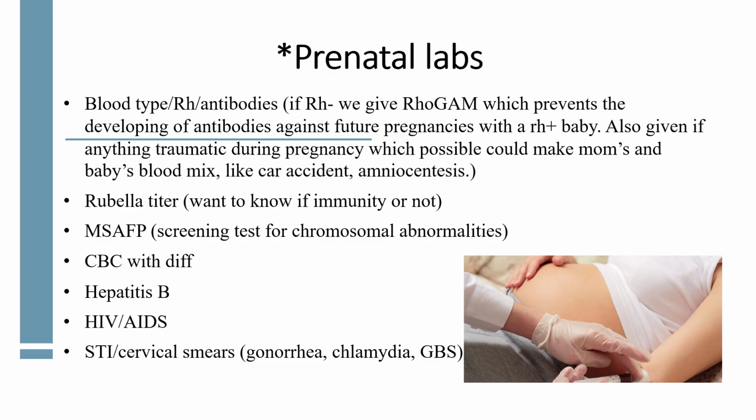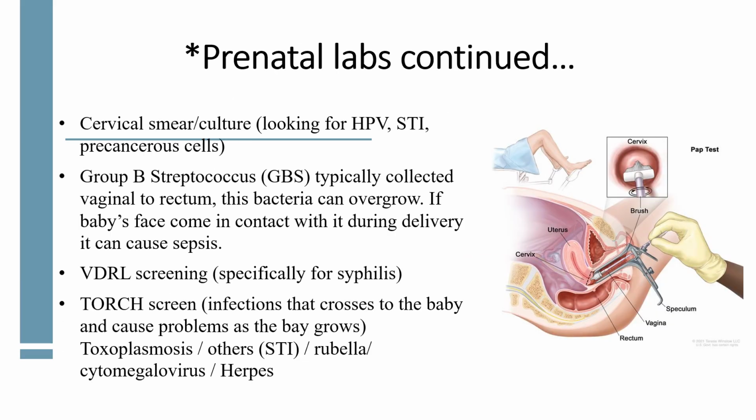And then lastly, we will collect cervical swab smears for any sexually transmitted illnesses such as gonorrhea, chlamydia, and GBS. This definitely will affect the prenatal development as well as the delivery process of that baby, as well as potential of infection, blindness in the future. So these are the labs that we normally collect in the prenatal setting.